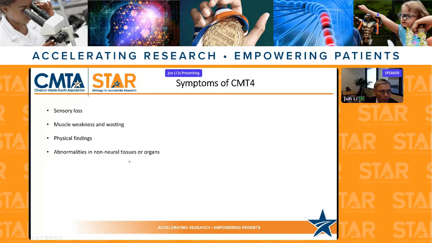They also find other abnormalities in non-neurological organs or tissues. For instance, some CMT type 4 could affect the spleen or liver, but again, the major portion of the symptoms are derived from the nervous system.